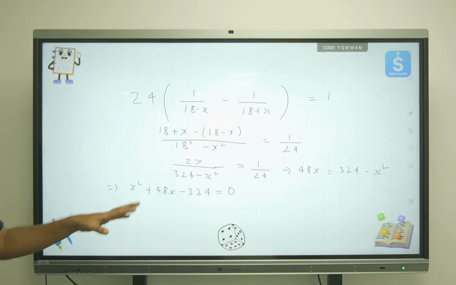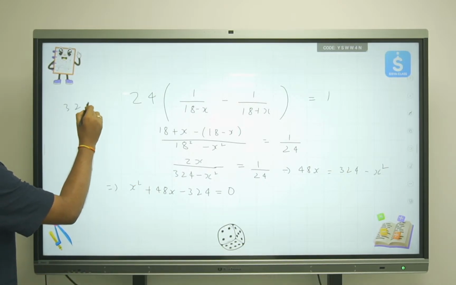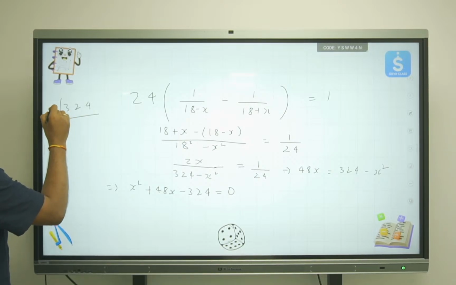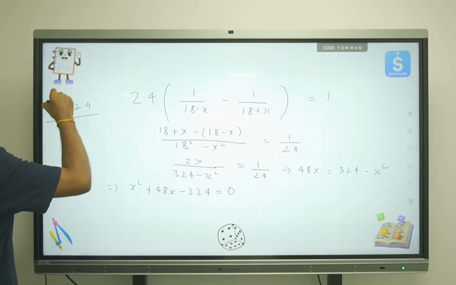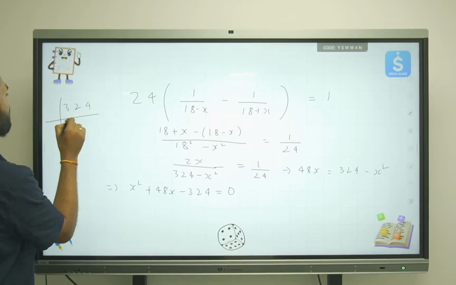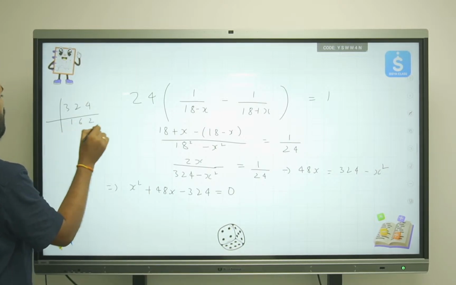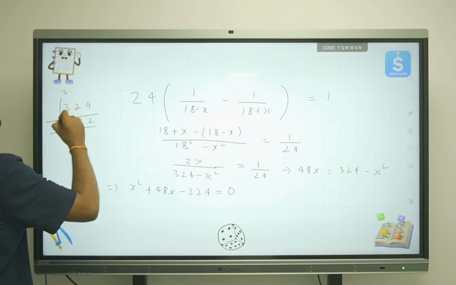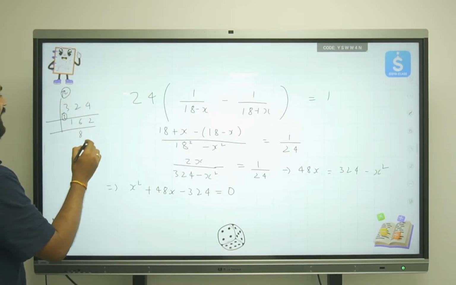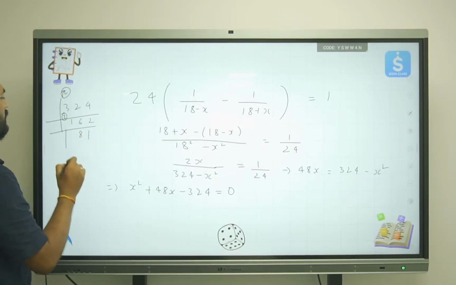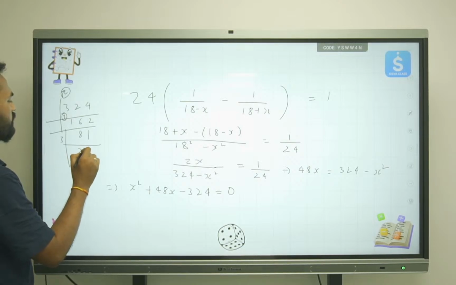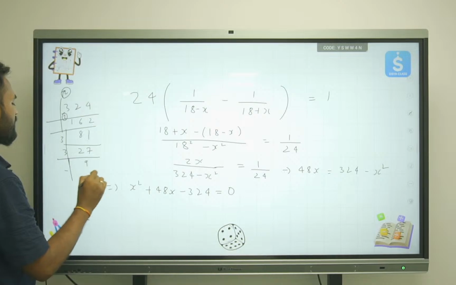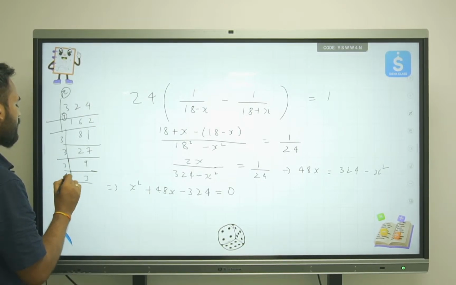Now 324 we need to prime factorize. 324 is 2 times 162, 162 is 2 times 81, then 81 is 3 times 27, 27 is 3 times 9, and again 3 times 3, then 3 times 1.